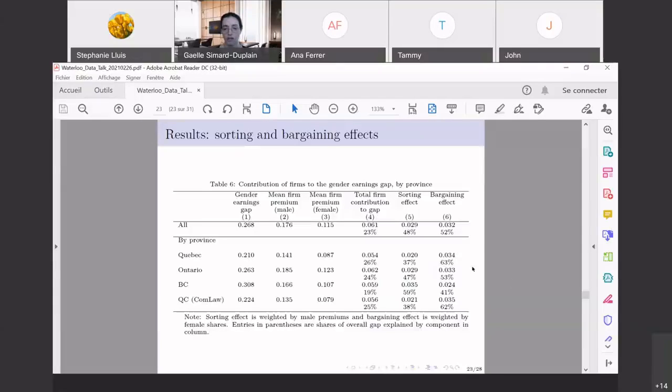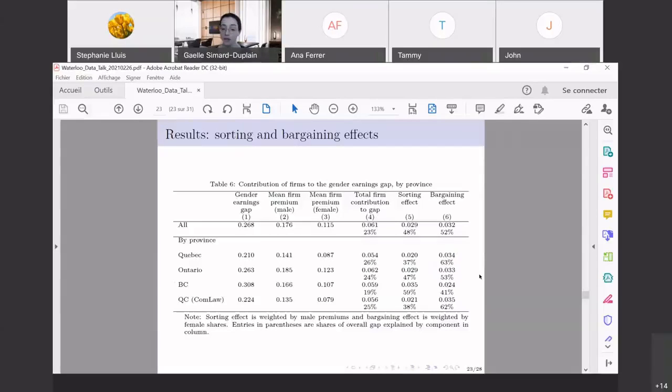If you look at Quebec, Ontario, and BC, which make up about 3/4 of the labor force in Canada, you can see, and this is not new, that the gap is largest in BC, smallest in Quebec. But what's particularly interesting is that the importance of the bargaining channel is largely driven by what's happening in Quebec and, to a lesser extent, Ontario.